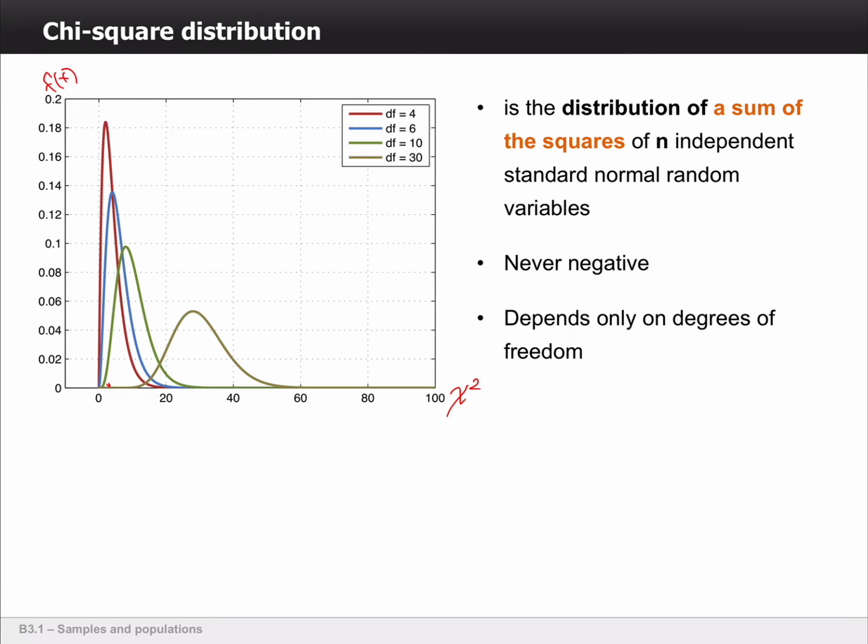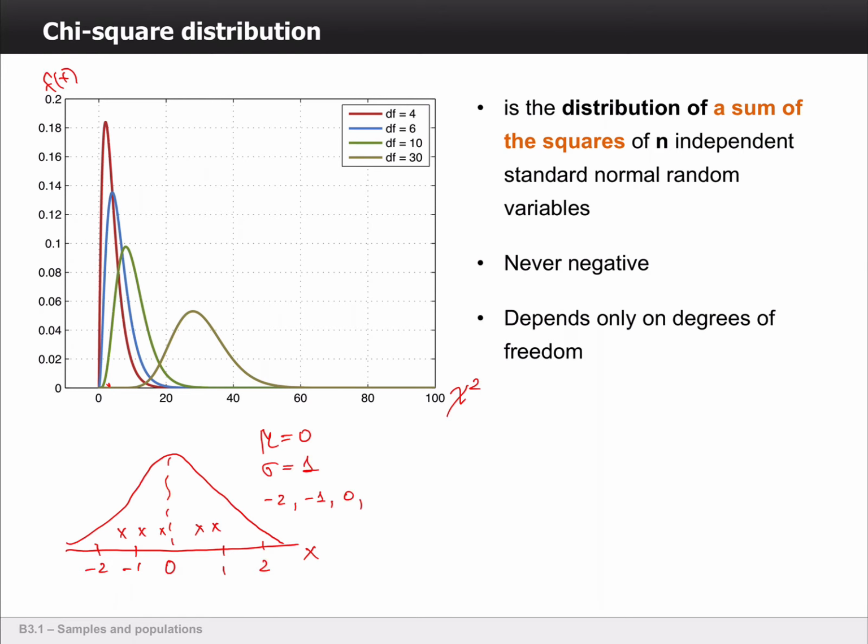So what does it mean? For example, this is our normal distribution. These are x values, or we can call them z values. The mean mu is 0, and sigma, the standard deviation, is 1. Let's take, for example, 5 values here. We've got -2, then -1, then 0, then 1 and 2.